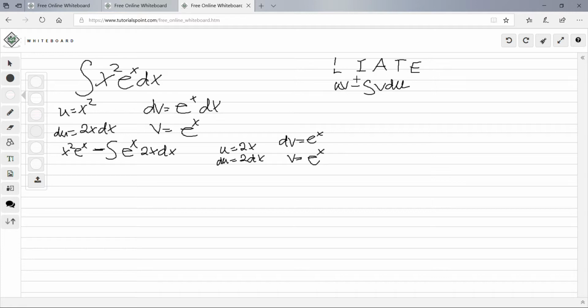So we're going to use this formula again. So uv is 2x, our u is 2x, right? And our v is e to the x, so times e to the x, minus the integral of v du, which is e to the x, and our du is 2 dx.